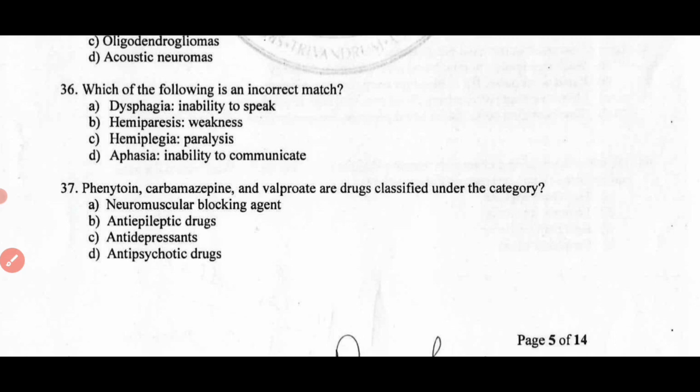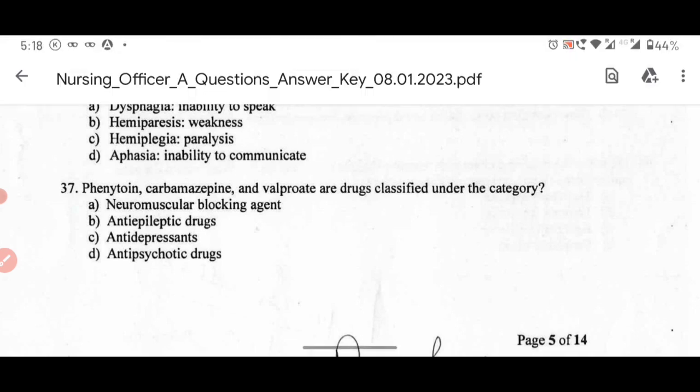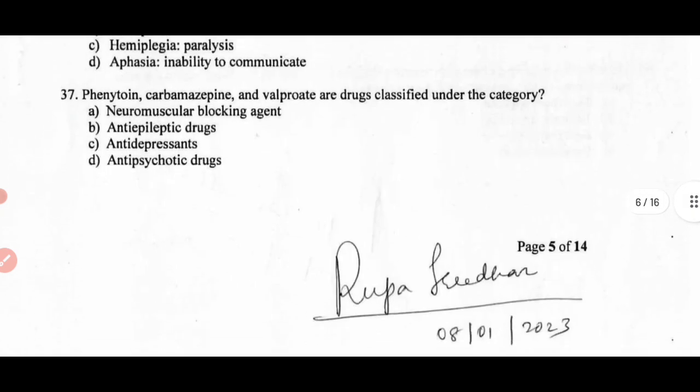36. Which of the following is an incorrect match? They have given a match the following type question with options. They are asking which is not matching rightly. Here the right answer is, let's see, what is dysphagia?